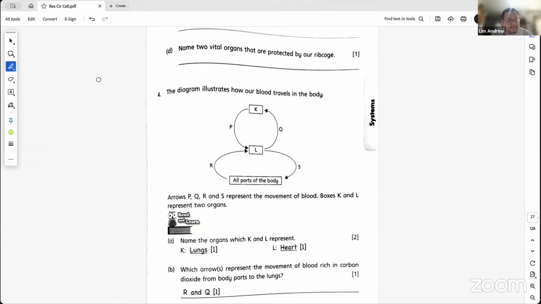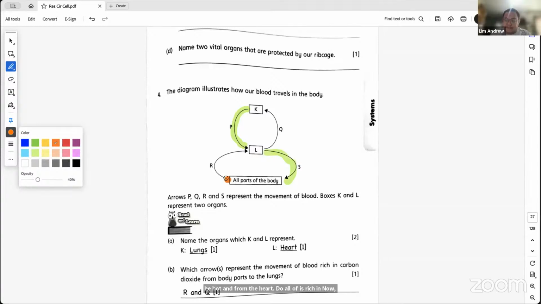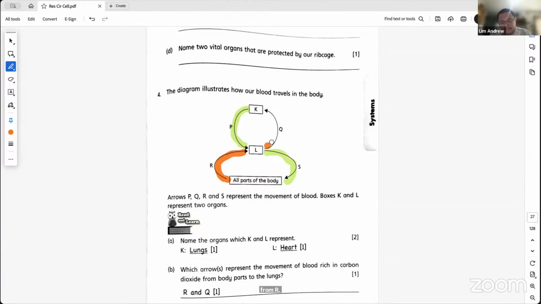For this case, blood P will be the one that is rich in oxygen because it flows from the lungs to the heart. And from the heart to all parts of the body is rich in oxygen, all right? Now, after the oxygen is used by all parts of the body, it will become carbon dioxide and waste, which travels from R back to the heart, and from the heart back to the lungs.